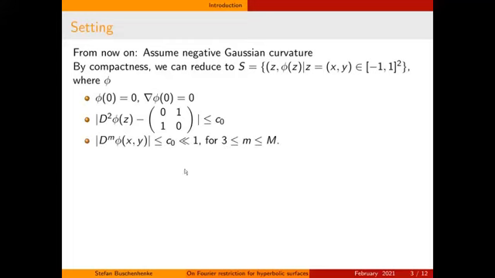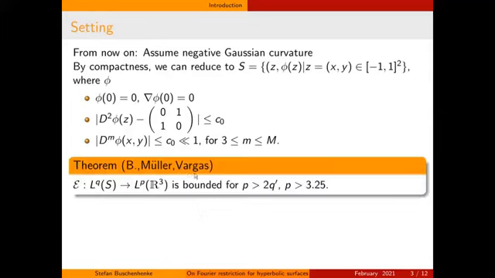And also a technical condition: I want to have some control over higher order derivatives of phi, up to some order capital M. Our result is as follows. We can show that the extension operator is bounded if P is bigger than 2Q prime, so maybe we miss the critical line here, and we also get P bigger than 3.25.